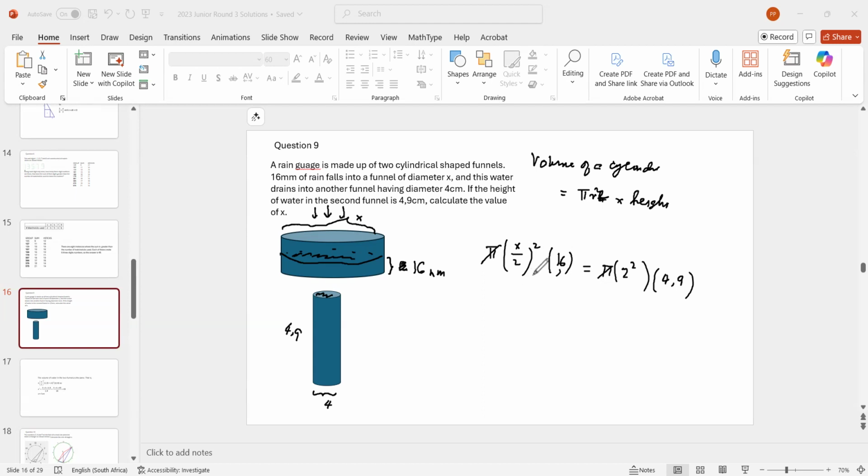You got x squared over 4. So it's 1.6 times x squared over 4 equals 2 squared is 4, times 4.9. Okay, so therefore x squared is equal to 4 times 4.9 times 4 again, divided by 1.6.